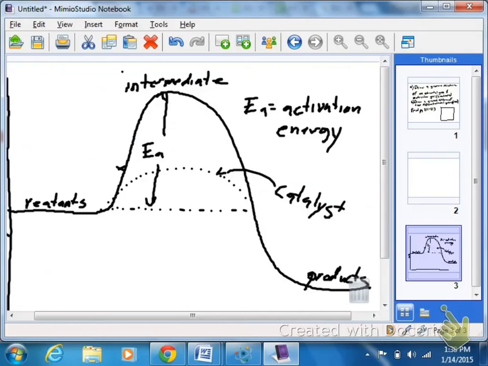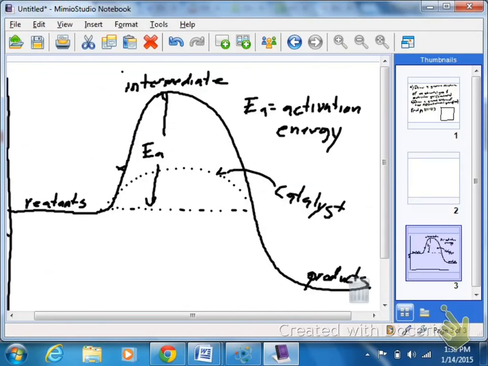It's probably a little bit neater than this one. And if you put enough energy into it, you won't have to go all the way to the top. It's kind of like digging a tunnel. Make it easier to go through. You don't have to go over the mountain, we'll just build a tunnel. Less energy needed. So what it does is it lowers the activation energy, and that's called a catalyst. And then you form products.